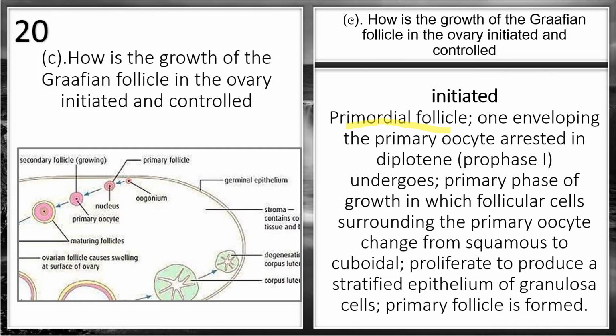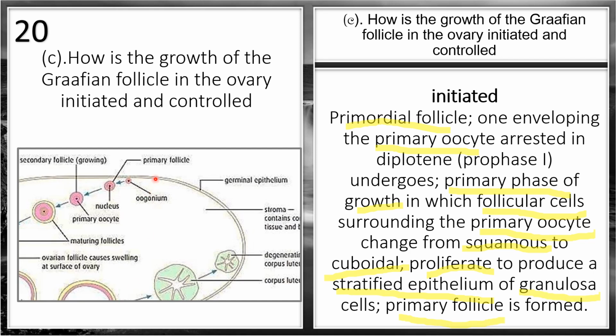The primordial follicle, enveloping the primary oocyte arrested in the diplotene prophase I, undergoes the primary phase of growth, in which the follicular cells surrounding the primary oocyte change from squamous to cuboid. They proliferate to produce a stratified epithelium of granulosa cells. The primary follicle is formed.